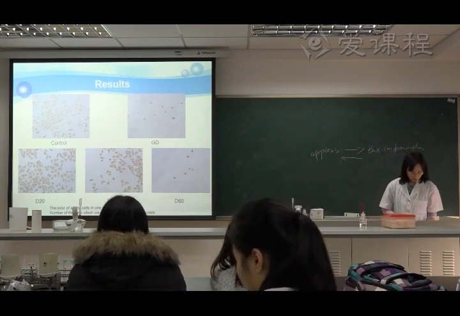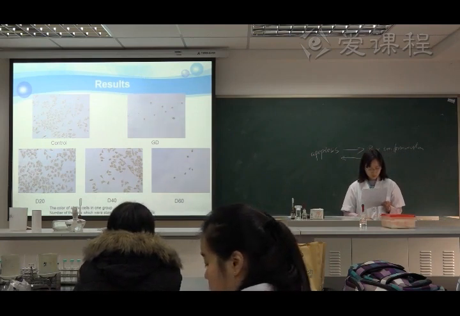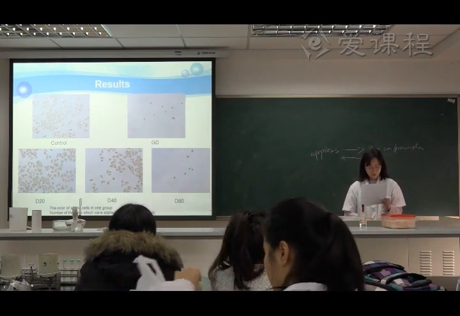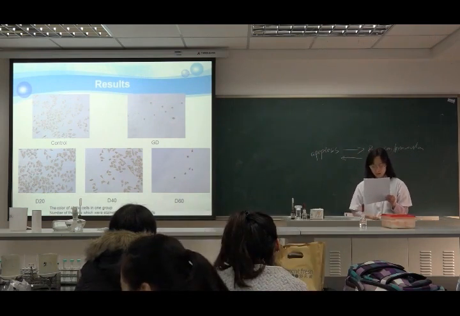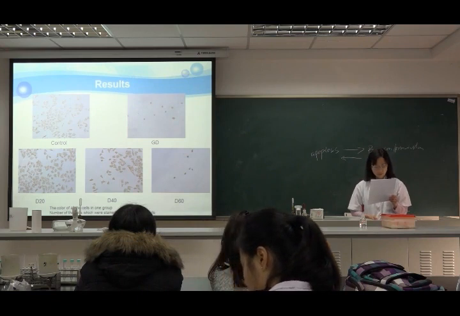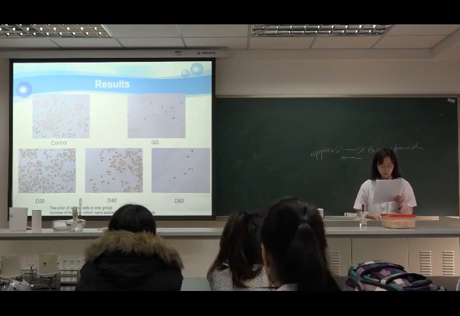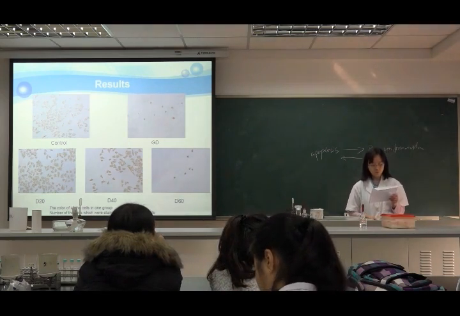However, there are still some problems in your lab reports. One student wrote that the objective of the last experiment is we used the SABC protocol to induce cell apoptosis and P53 presence.